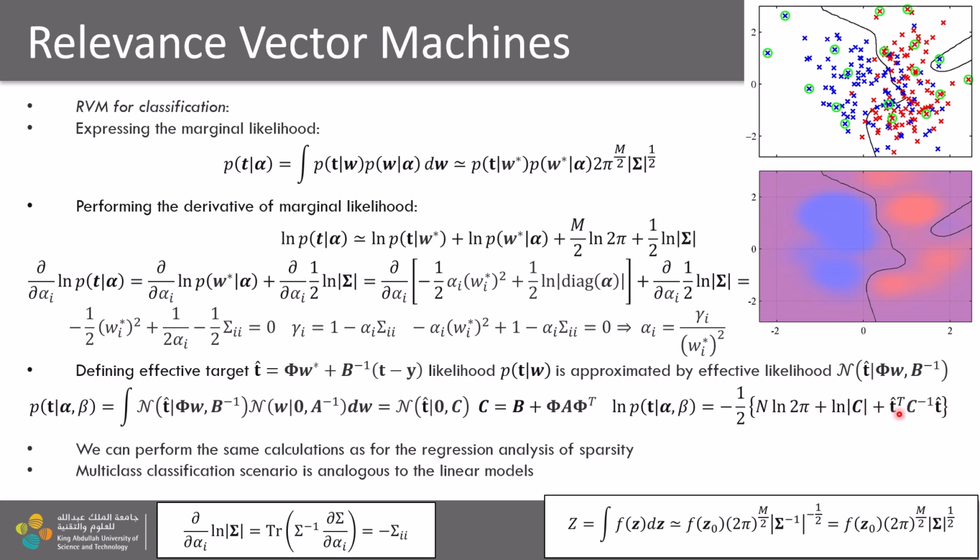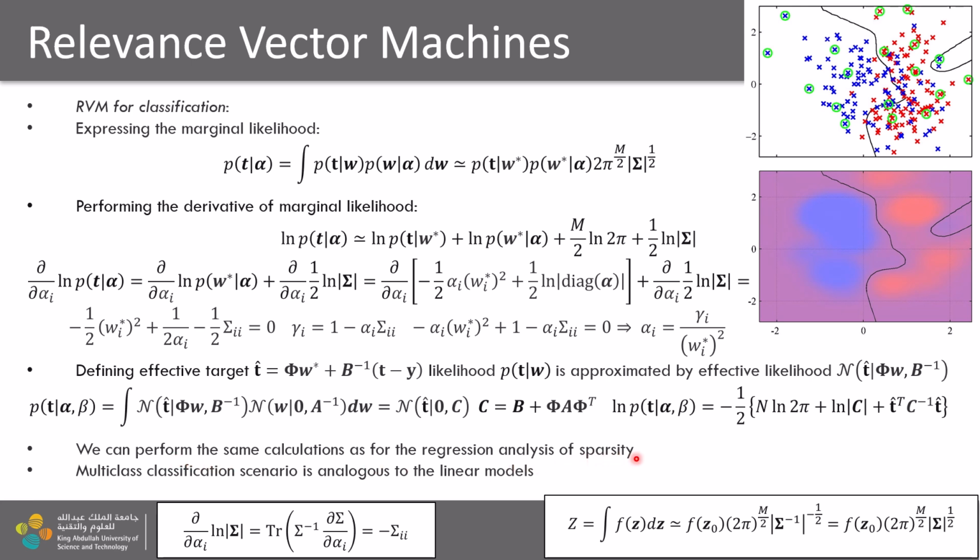So we had this analysis of sparsity in the previous case of regression, and here we can see that we land at the same formulation if we perform this approximation with the effective likelihood with this normal distribution. And once we have this formulation, we can proceed with the same steps to calculate the hyperparameters alpha using the analysis of sparsity.